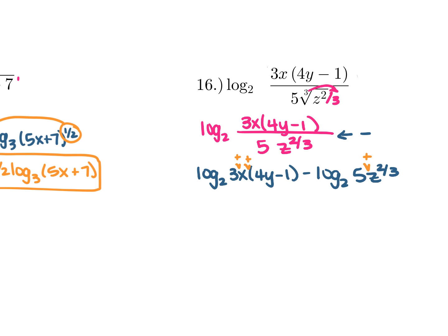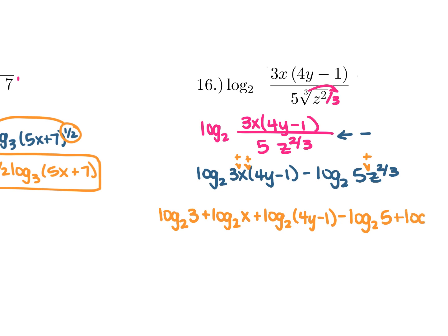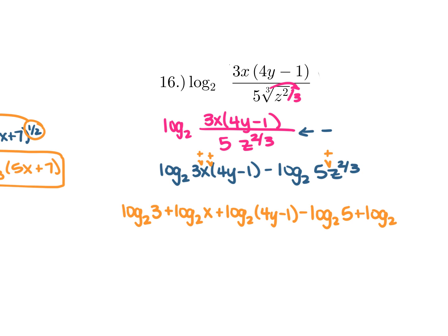So it's going to give you log 2 of 3 plus log 2 of x plus log 2 of 4y minus 1 minus log 2 of 5 plus log 2 of z to the 2/3 power.